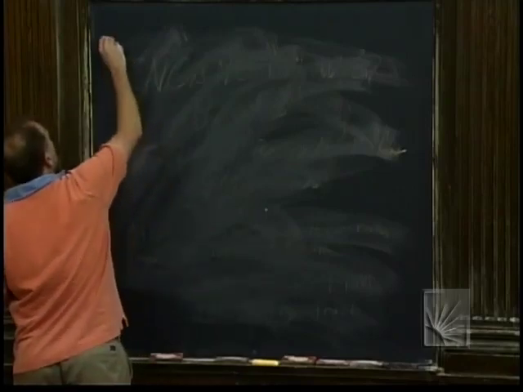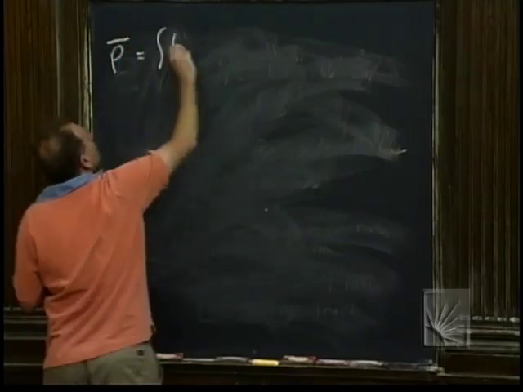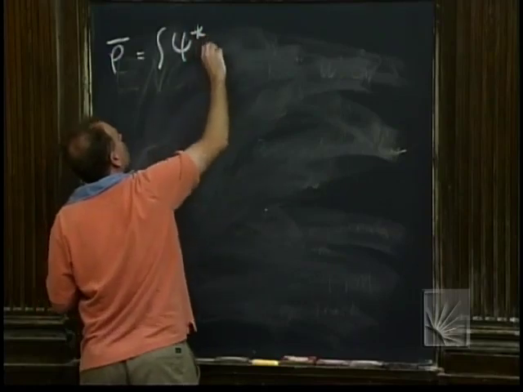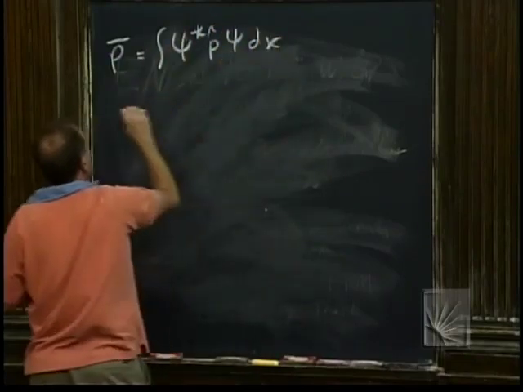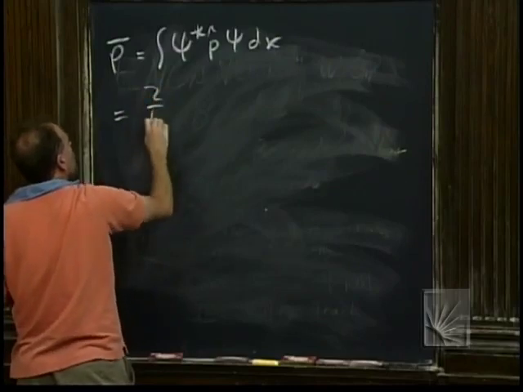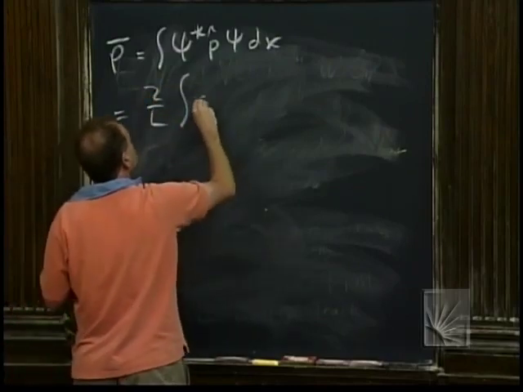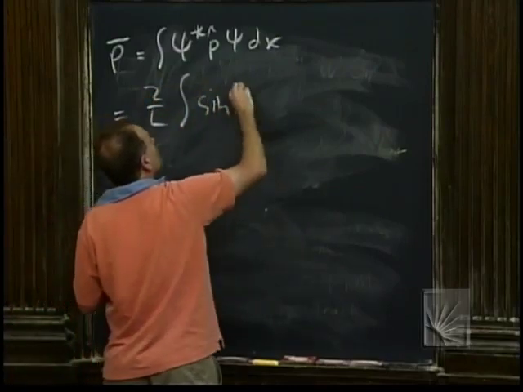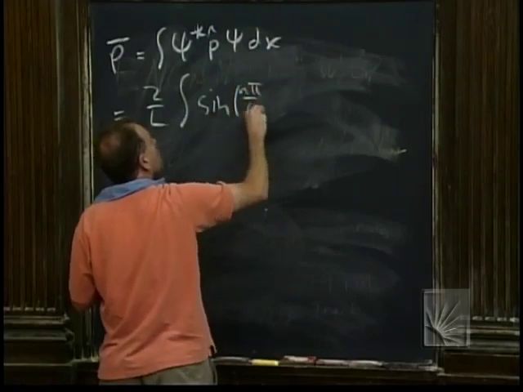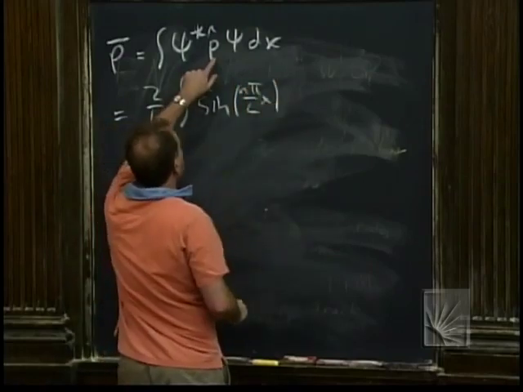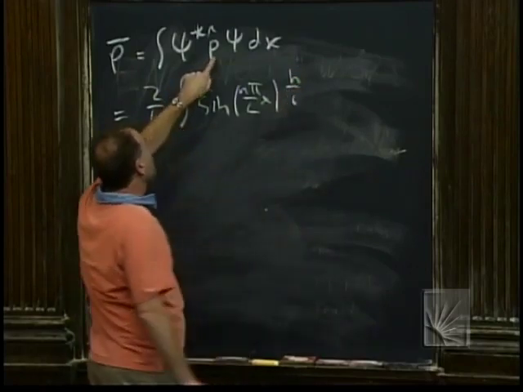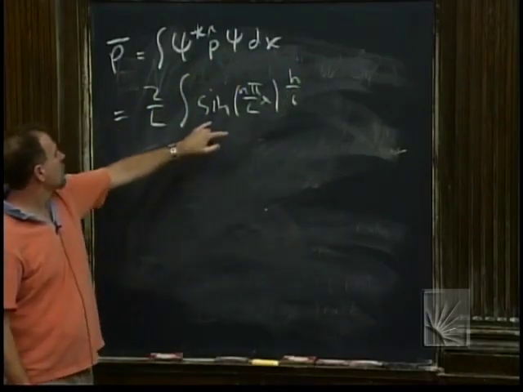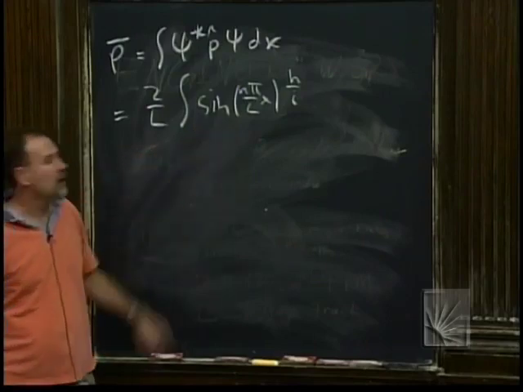The expectation value of p is the integral of psi star p hat psi dx over all space, which is 2 over L times the integral of sine of n pi over L times x. Now, the p hat operator was h bar over i times d by dx, so I'll take the derivative of sine.